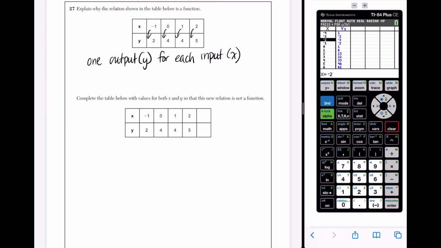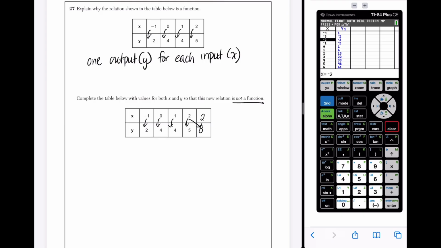In the second part, they're saying that this new table will not be a function, meaning you're probably going to have more than one output, more than one y for an x somewhere. So looking here, we can see that each of those x's has one y, so it must be that missing number.